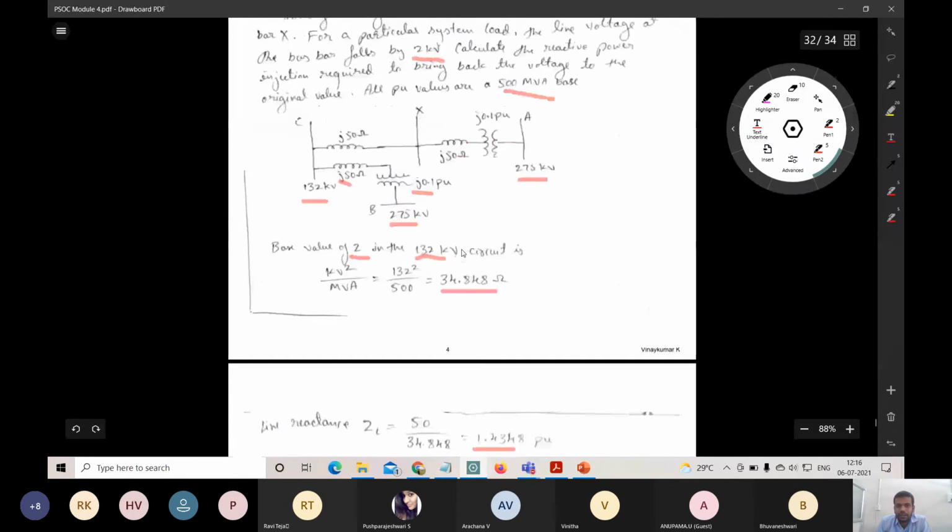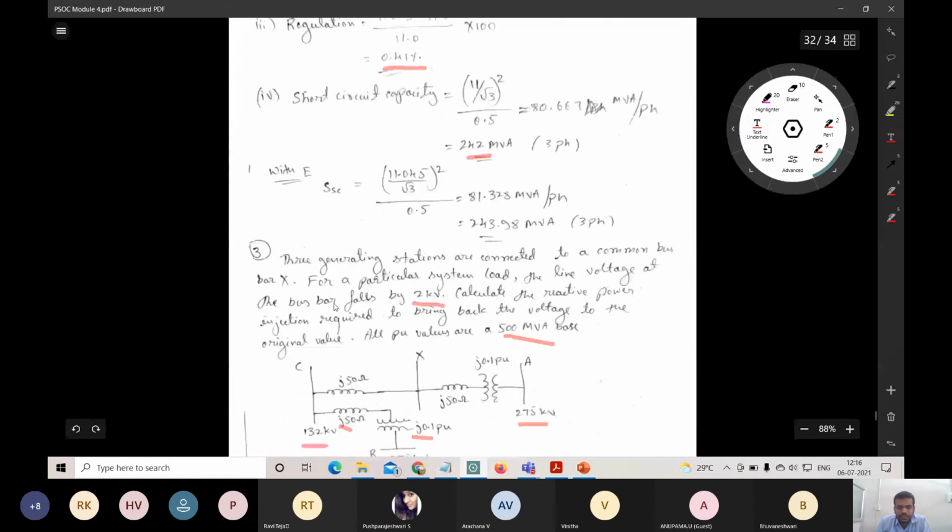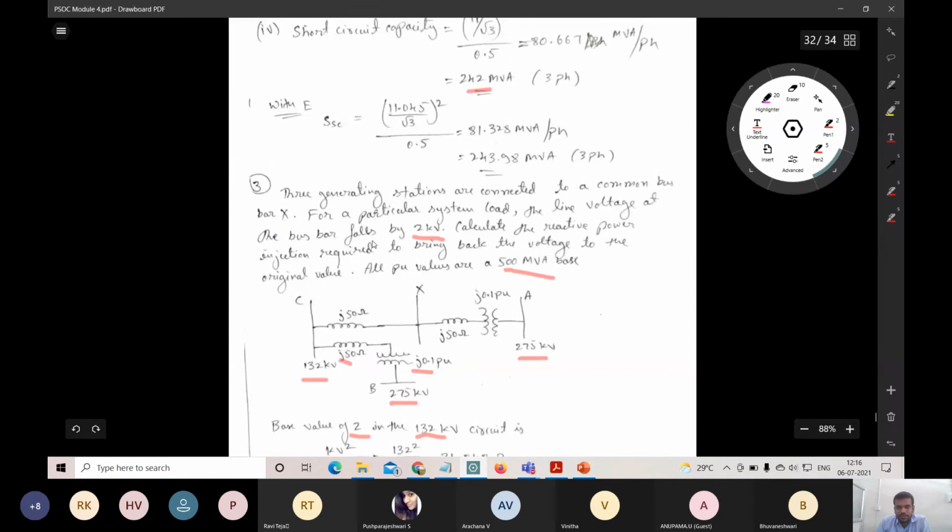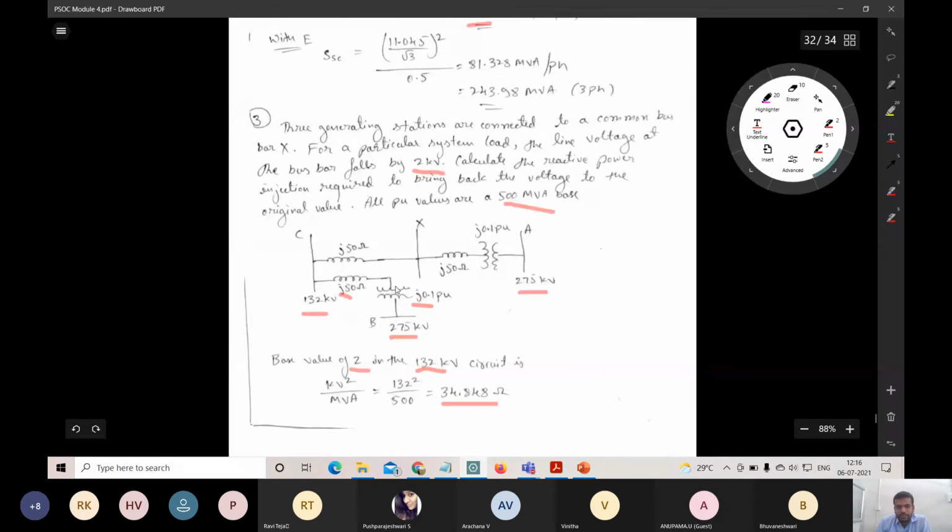He has not mentioned at which bus, right? He has not mentioned at which bus bar. And one more thing, how we can manipulate this: twist the question, they may ask at which particular bus bar the drop has occurred. Then you have to take that same bus bar. Suppose he has given bus bar A at 275 kV, sorry, at the 275 kV bus bar 2 kV is the voltage drop.